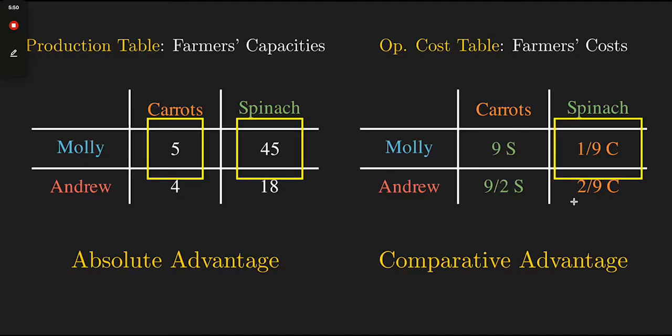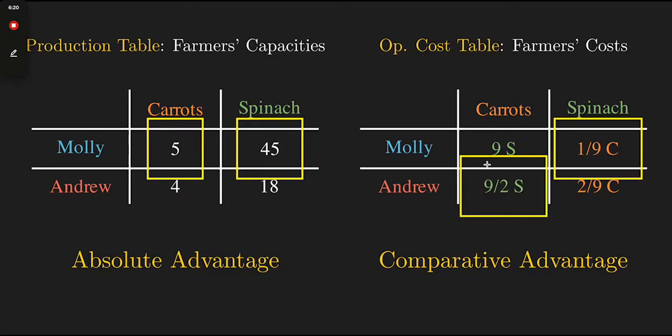All right, and a little trick here. Because these numbers are calculated using the inverse, where we see 9 units of spinach and 1/9, and 9 over 2, and 2/9, it's just a mathematical proof that Andrew will have the comparative advantage in growing carrots. And we can also see this here just from the numbers.